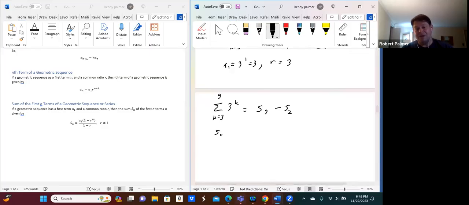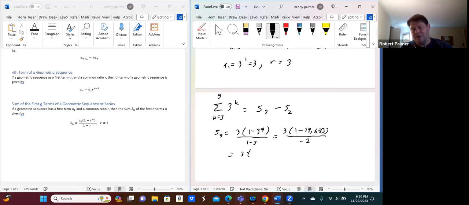So let's do those. S9 is going to be A1, which is 3, times 1 minus 3 to the 9th. It's going to be a big number. Then over 1 minus 3. Maybe, yeah, we've already done that one actually. So 3 times 1 minus 19,683 over minus 2.